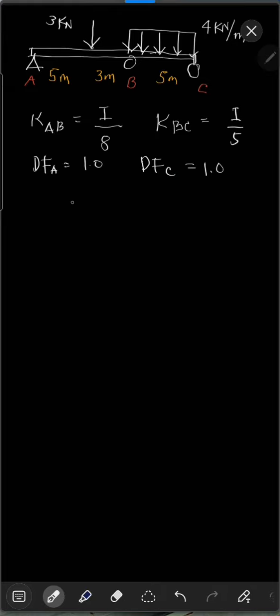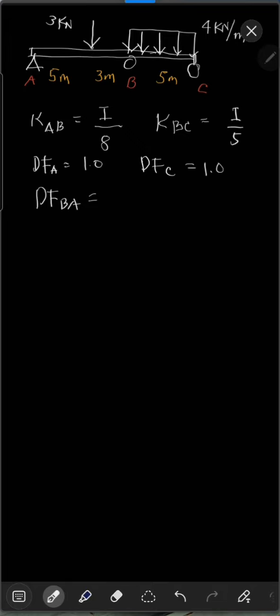And then distribution factor B to A, so B to A na ta sa center. Duha yung sa internal supports, duha yung distribution factors towards the left and towards the right. So towards the left, that is BA.